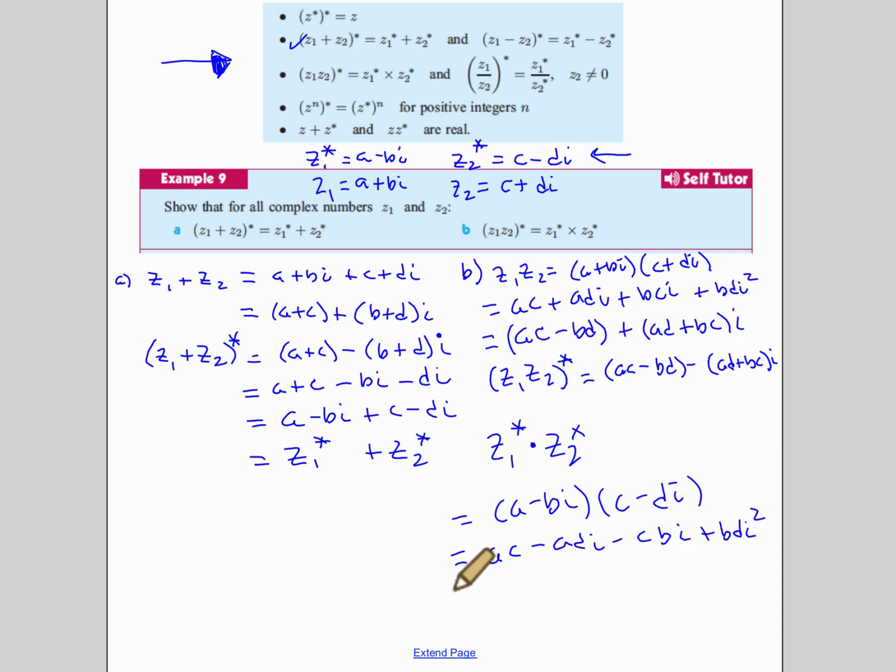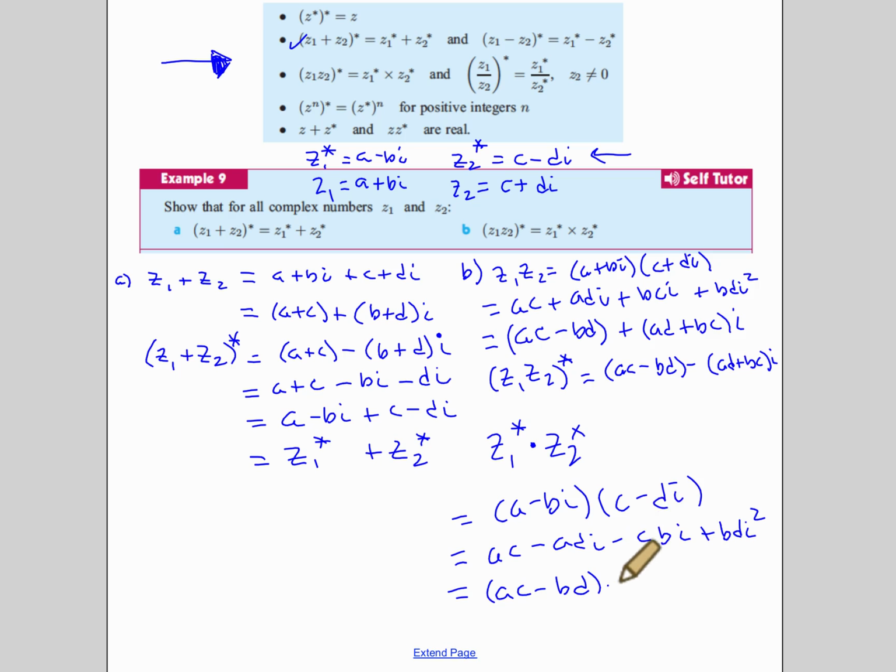We clean it up again, and we get ac. This is bd i squared. So that's going to be minus bd. Okay. And then we gather our i's and we factor out a negative i because it's a negative adi and a negative cbi.